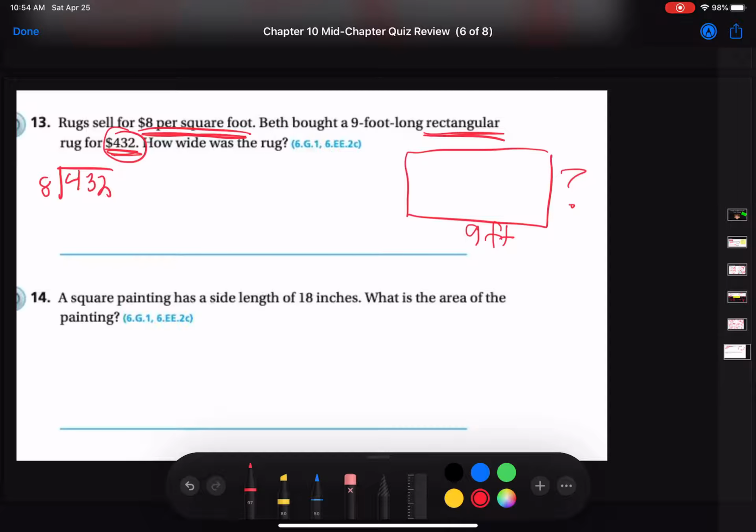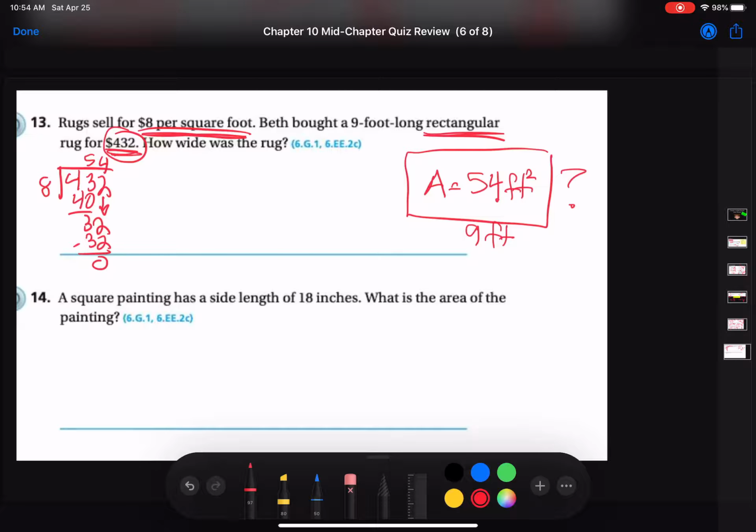So 8 into 43 is going to be 5 times, which is 40. Then you're going to subtract and bring that 2 down. So now 8 into 32, 4 times. So now that means the area of this rug is 54 feet squared.